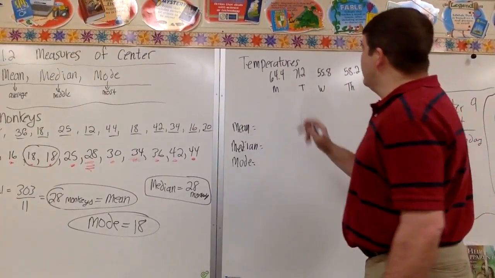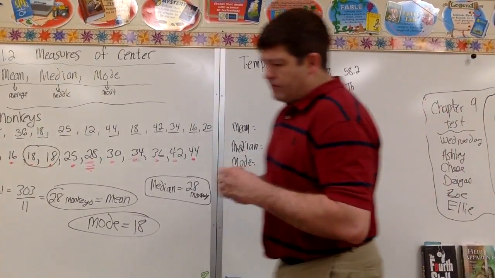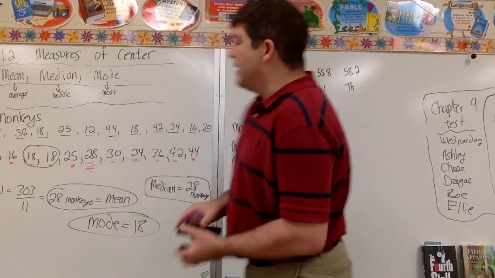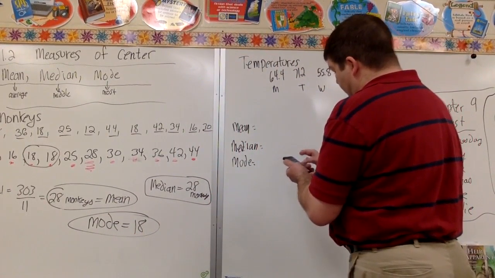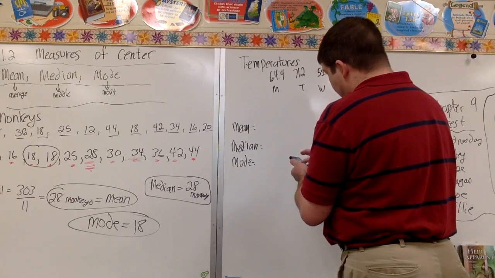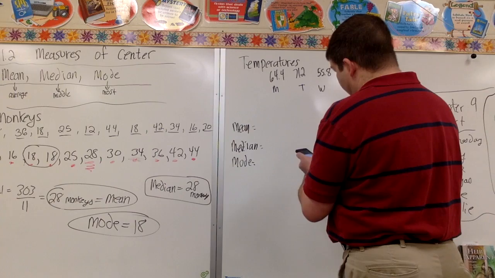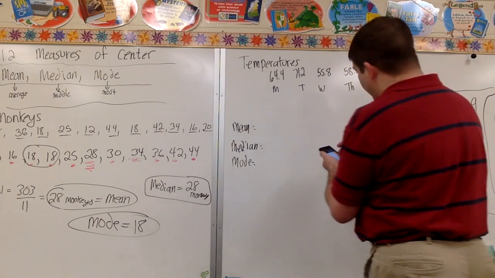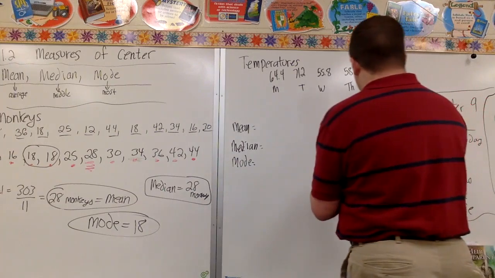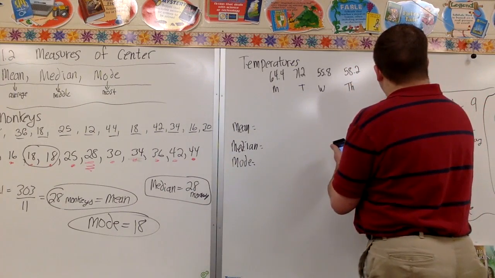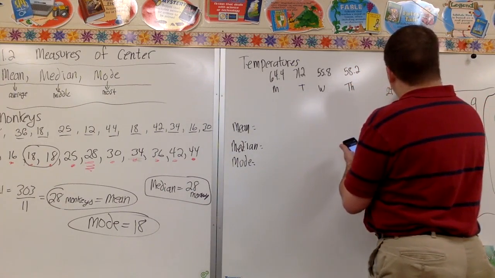Okay? So the mean, first thing I have to do is get the average. So I'm going to add them all up. All right, so I have 64.4 plus 71.2 plus 55.8 plus 58.2. My total is 249.6.